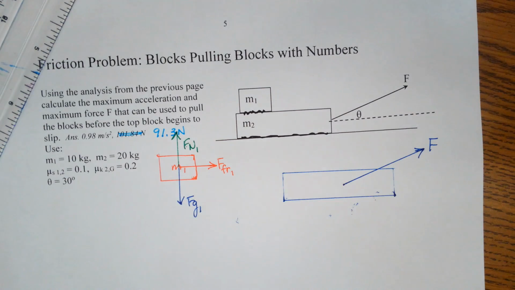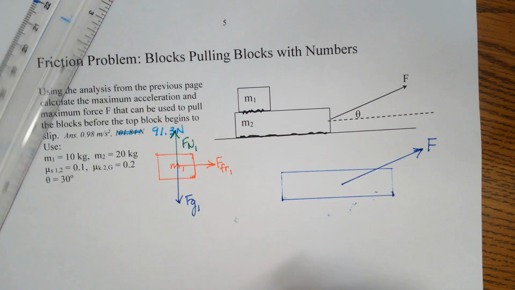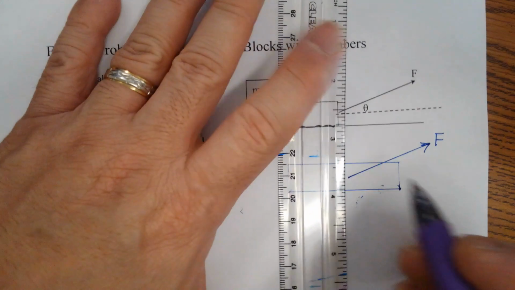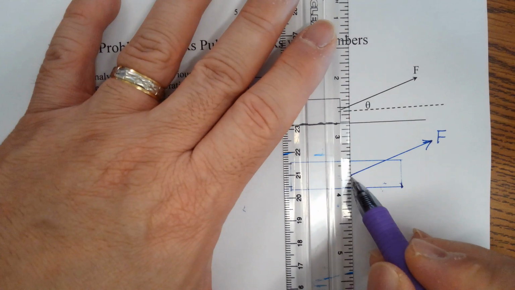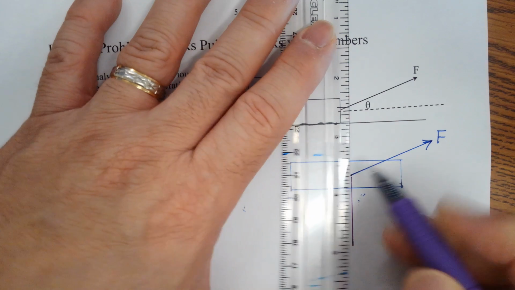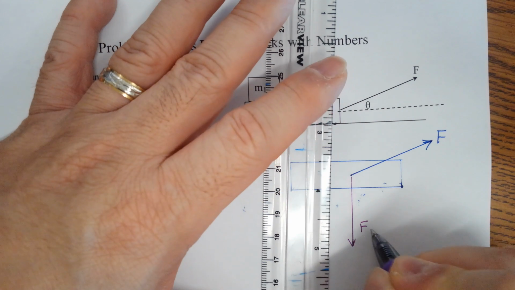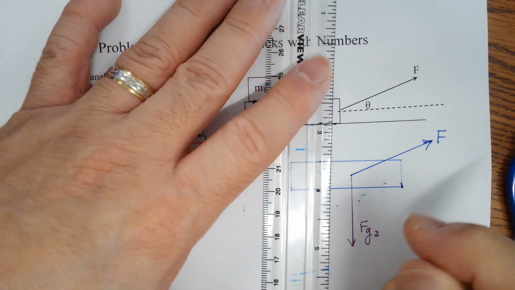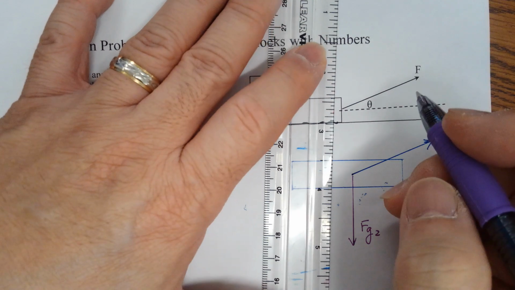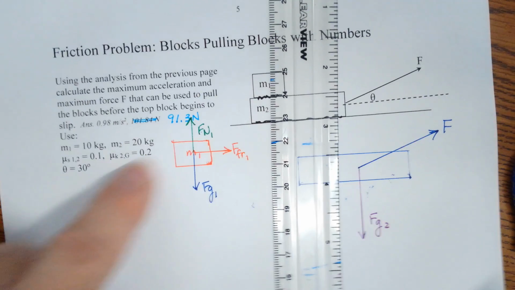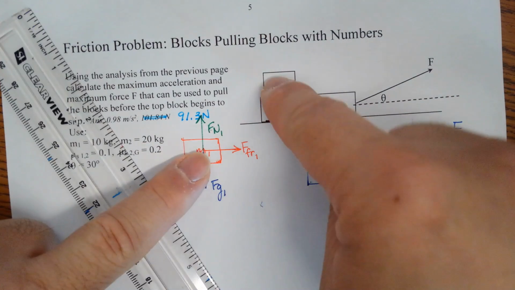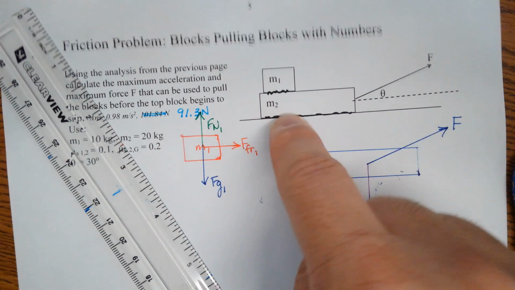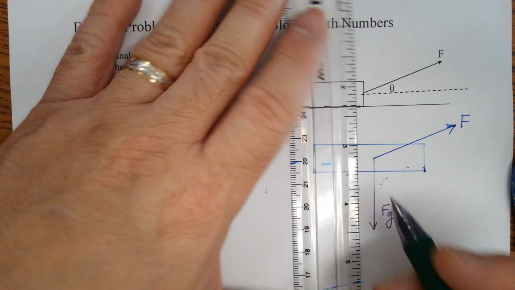And I will also have, right, FG2, and I would have F normal 1 pushing down against M2, right?